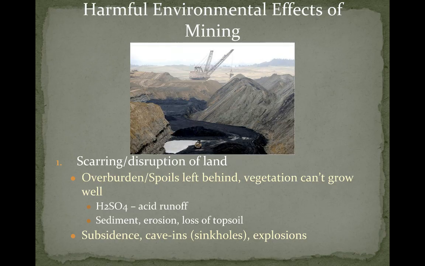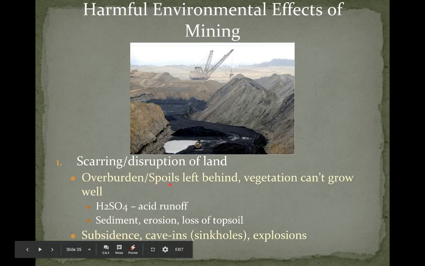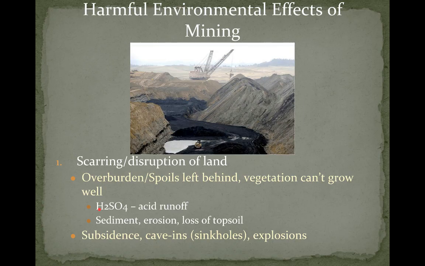Disrupting the land is a huge one. These things are buried deep inside the earth. You have to bulldoze, you have to dig them up. And then again, all that overburden, all those tailings, all those spoils are left behind. And even how we mentioned cyanide, sulfuric acid, all these things that have to be done to get that ore, but a lot of it is left behind. Loss of topsoil.